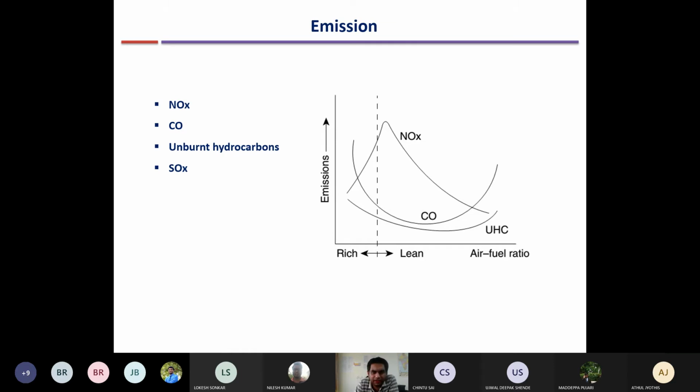The main harmful emission here is the formation of NOx, nitrogen oxide or dioxide, and this you cannot control totally. This depends on the flame temperature, and the flame temperature, we know, depends on the air fuel ratio. NOx emission becomes quite large beyond a temperature of around 1500 Kelvin.